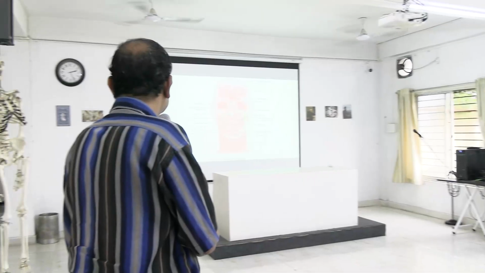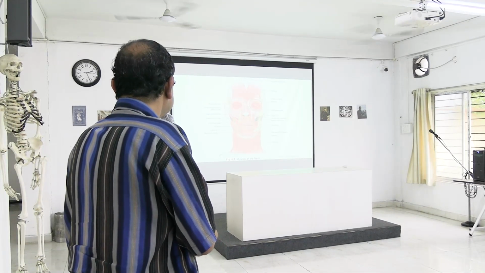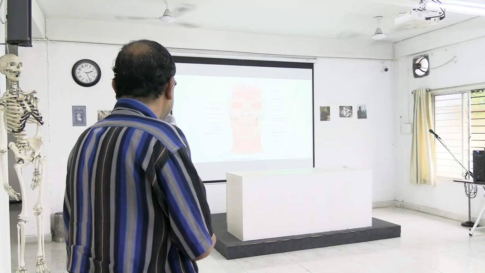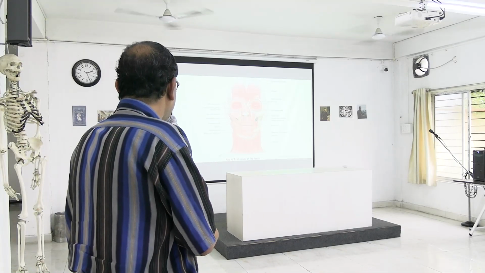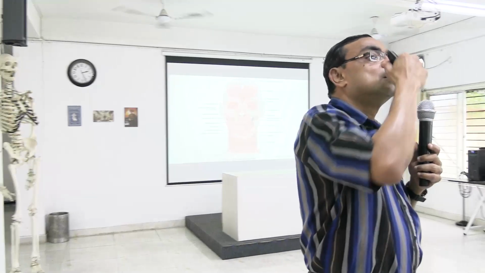Like you can see here the extrinsic muscle, that is the zygomaticus major. You can see this is the zygomaticus major, zygomaticus minor, and also we can see one muscle here which causes elevation of the upper lip.